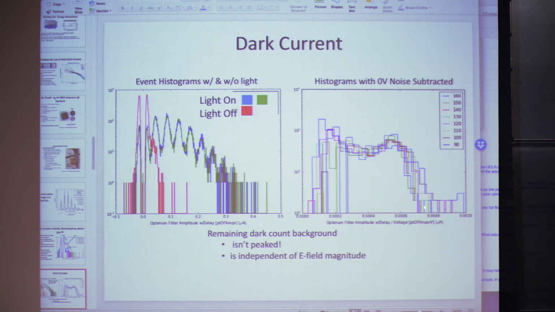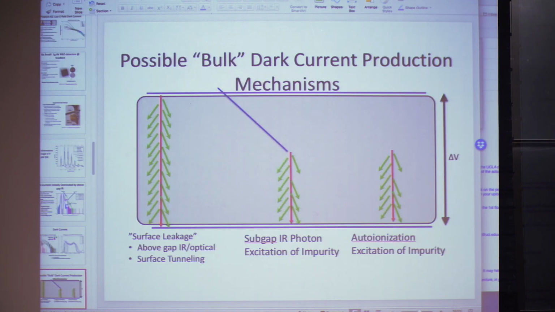One of the things you see immediately that's very interesting is it's not like every leakage current event has a single electron's energy. The leakage current events seem to have an energy which is sort of flat between 0 and 1 electron. So what is that? We're going to call this bulk dark current.